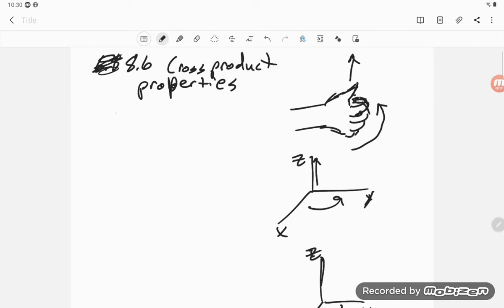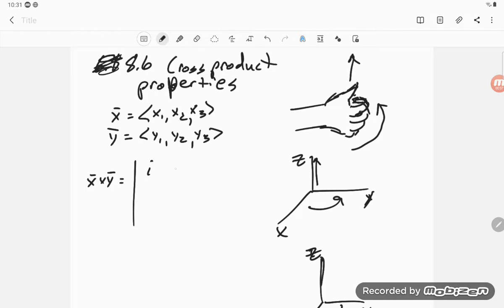So if I have my two vectors, x is maybe x1, x2, x3, and y, which is a y1, y2, y3 vector. Then x cross y is equal to the determinant of i, j, k.